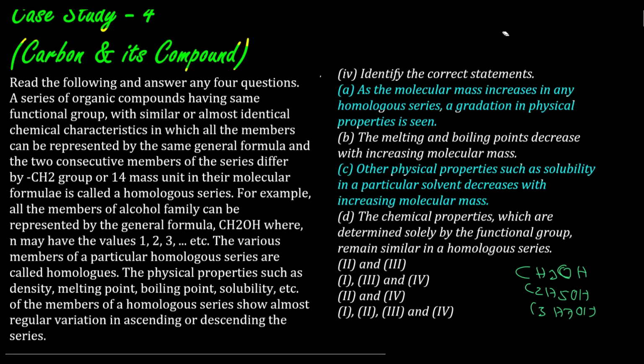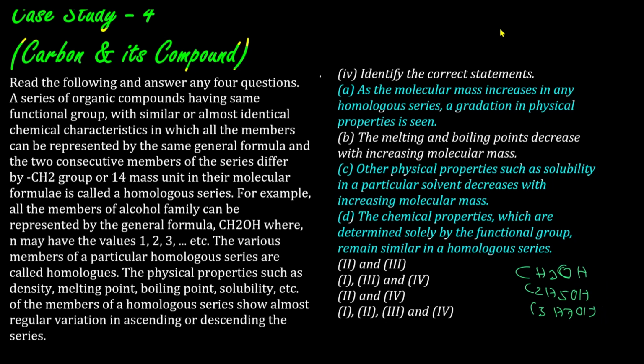All right, the D part is what? The chemical properties which are determined solely by the functional group and remain the same in the homologous series. Now, what do you know about these chemical properties? Chemical properties are determined by the functional group.